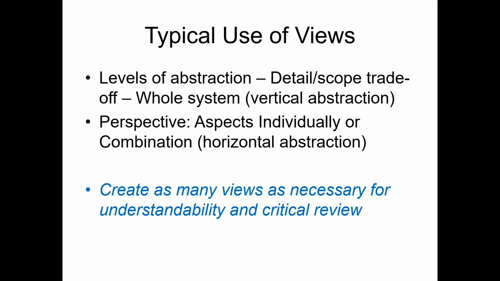You might not want to show all of those at one time, but you probably want to show the structural version with each of the other ones to show how that fits into the structure. And maybe you want to show them all. So you can do different perspectives and show the aspects individually or in some combination. The first one is often called vertical abstraction and the second one horizontal abstraction.